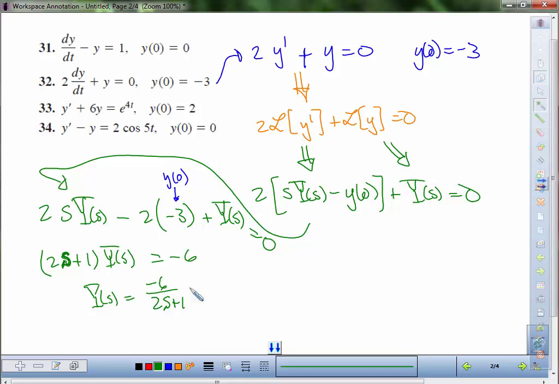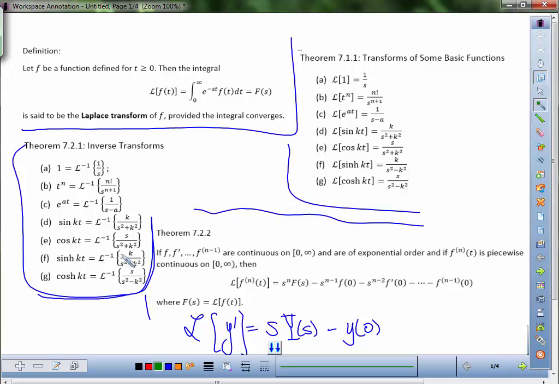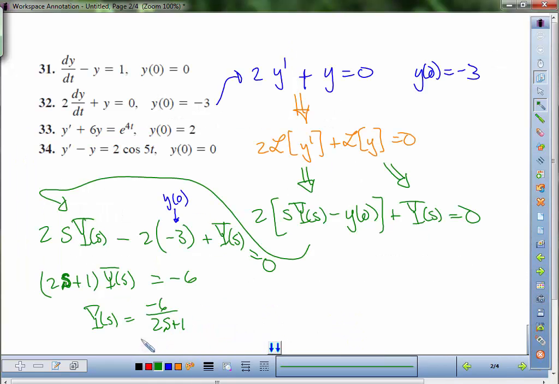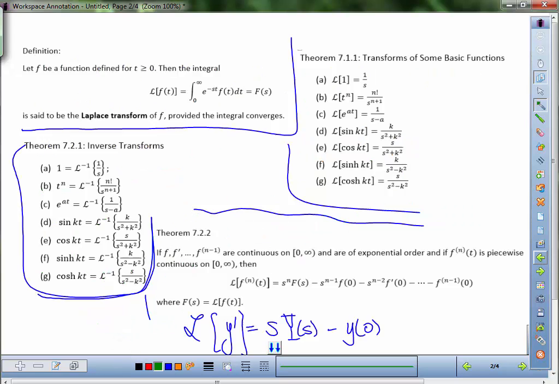But I don't have a machine. What I have is a list of functions in S that I need to use somehow to transport it back. Looking at my solution here in S, I need to make this look like one of these things.